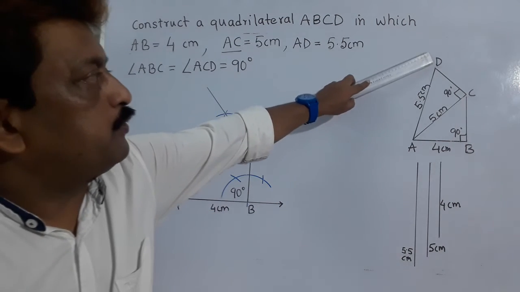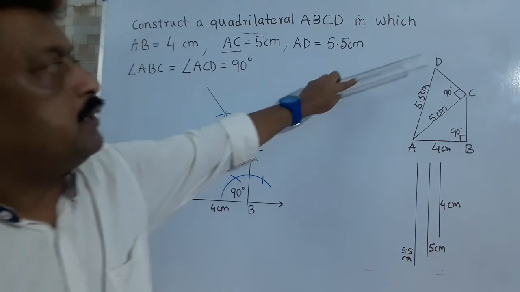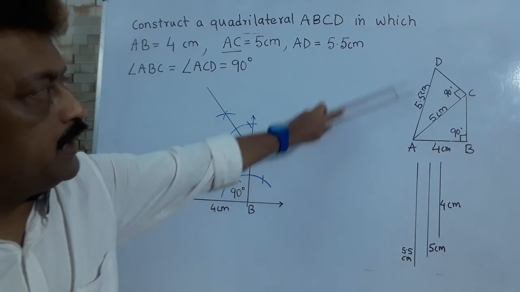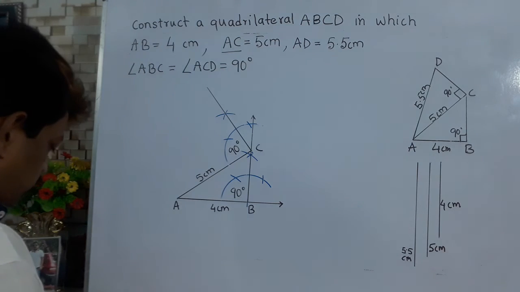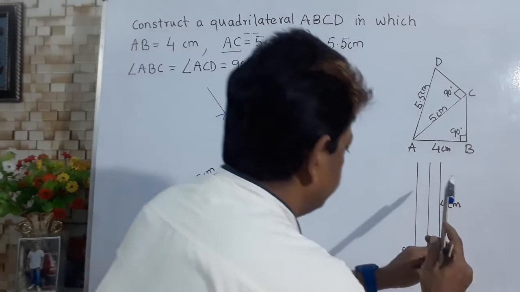Now we have to locate the point D. How to locate? D is 5.5 centimeter away from A, that is AD is 5.5. So I have to take the measurement 5.5. This is 5.5.